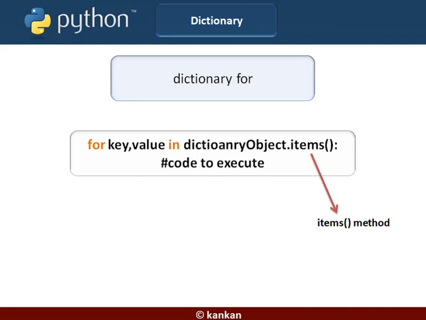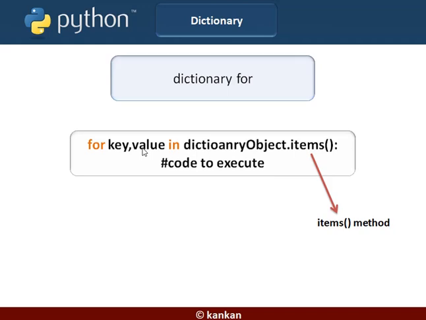First, I am writing code to visit key and value at a time. Before that, I am giving you the syntax of how to use it in Python. For key is the key that exists in this dictionary.